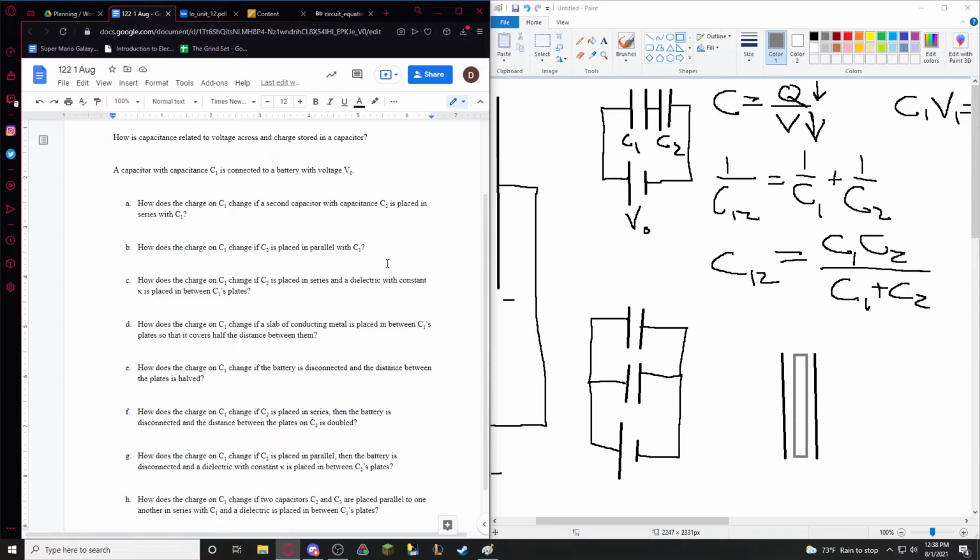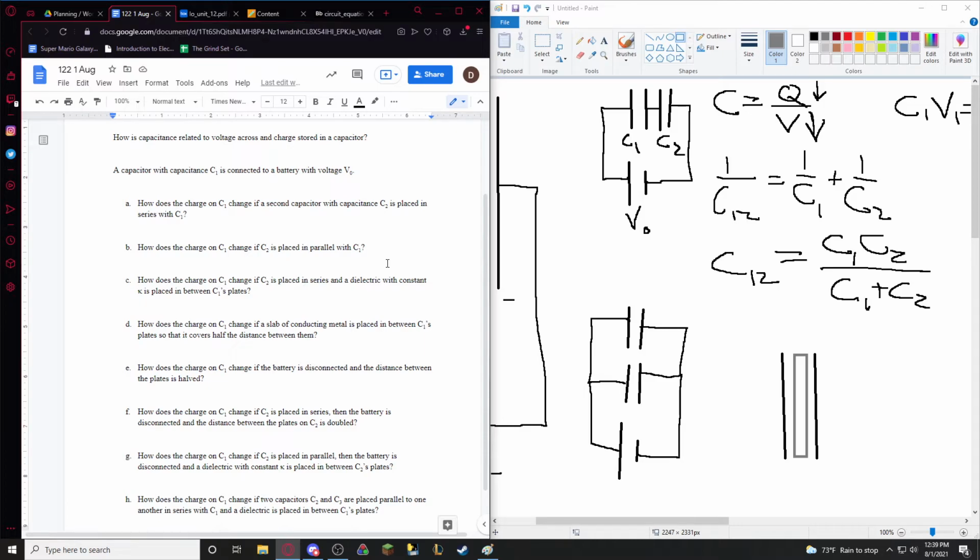But we're disconnected from the battery. If we're disconnected from the battery, wouldn't that mean that the charge has nowhere to go? Okay, the charge has to stay the same. Exactly. But I do believe the voltage does change. Yes, exactly.